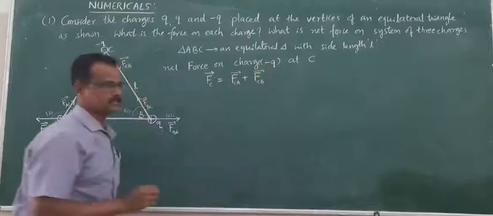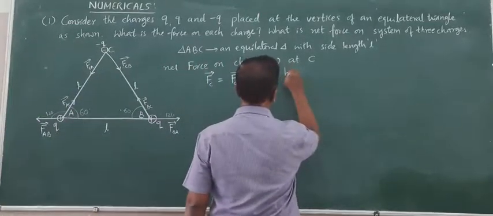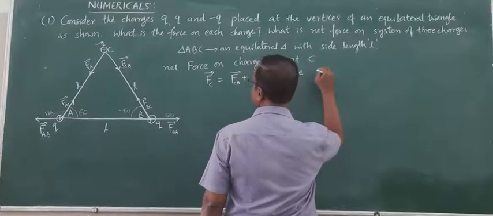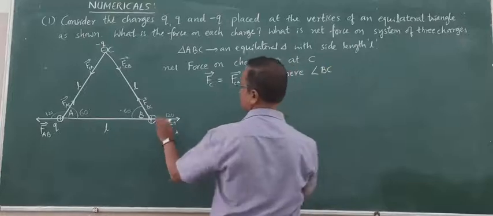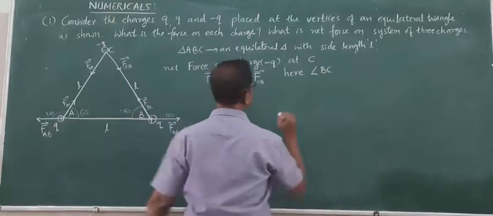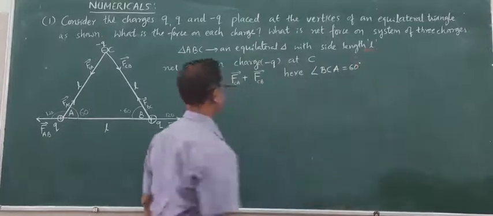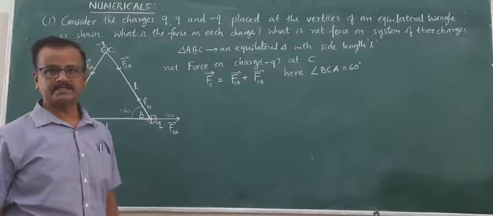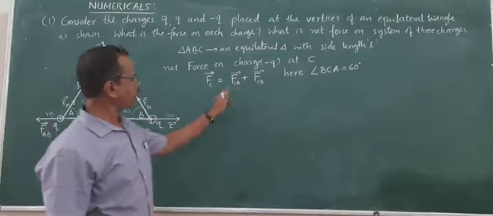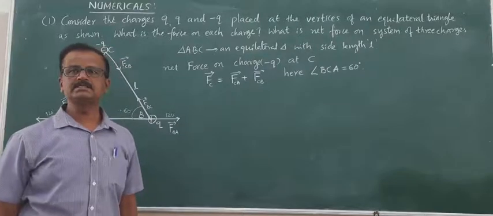These are the two vectors. The angle between them is 60 degree. Here the angle BCA is equal to 60 degree. So I can find out what is the magnitude of Fc. And magnitude of Fca and magnitude of Fcb is same.